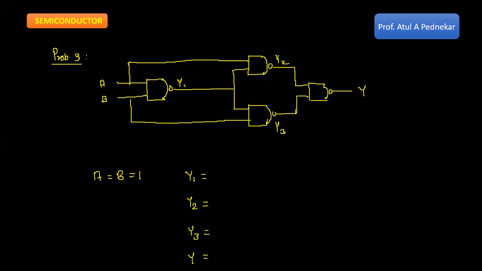Just operate and tell me what will be the value of Y1, Y2, Y3 and Y. Y1 is 0, Y2 and Y3 are 1, and Y is 0.